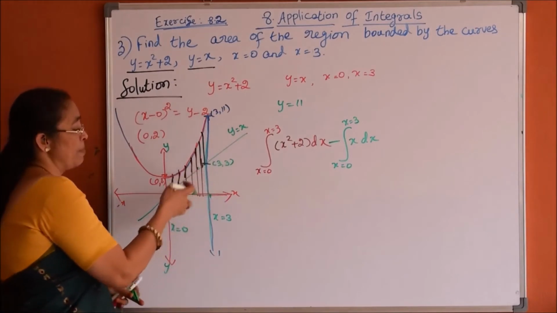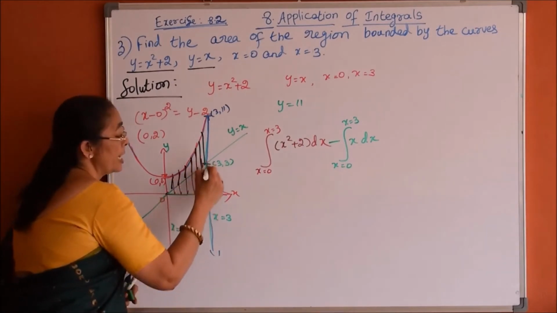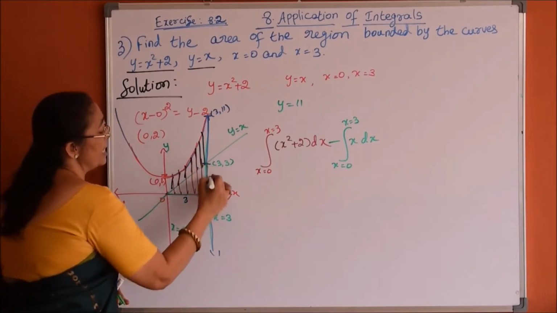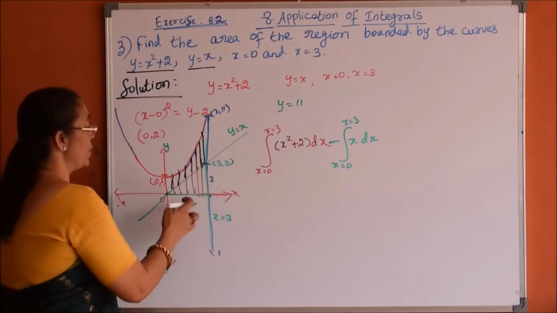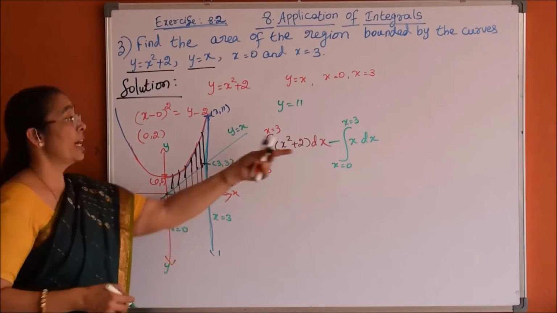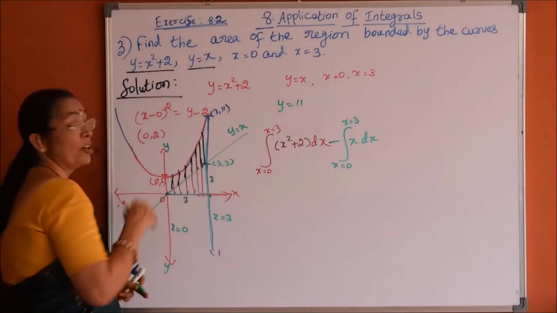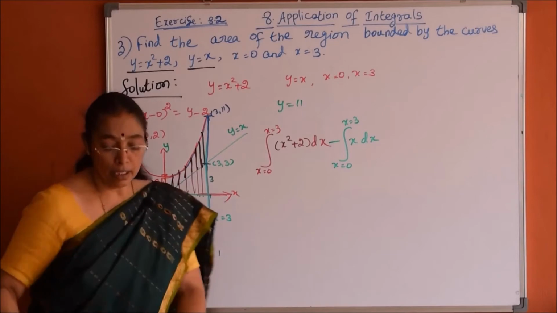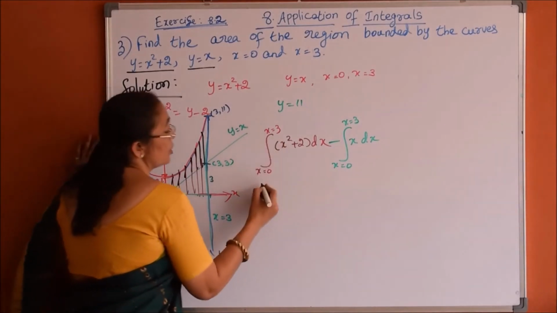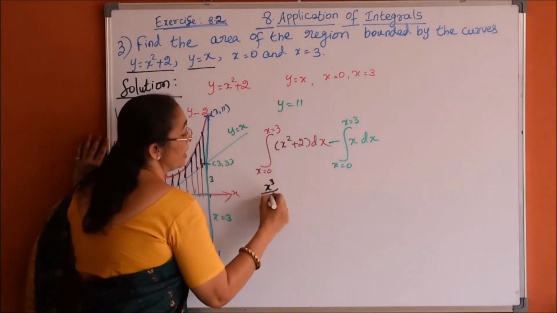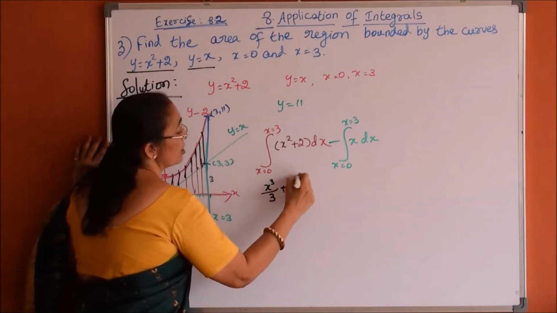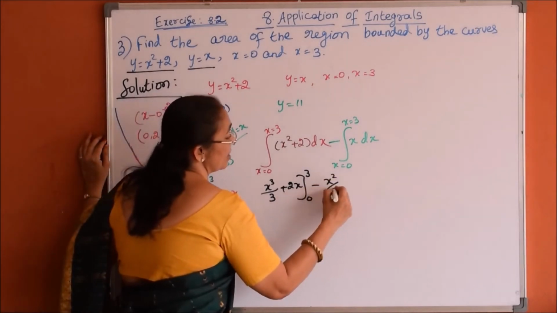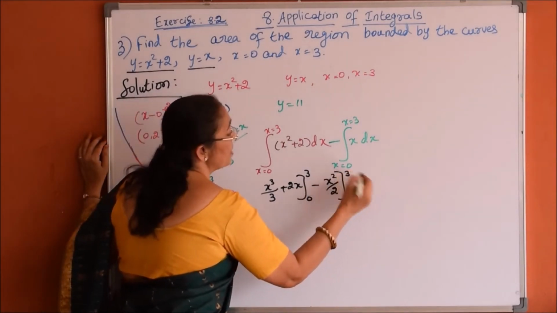For the second integration part, we can even follow the area of a right angle triangle. Base is 3, height is again 3. So half into base into height, which is 3 3s are 9, by 2. Or after evaluating the integral, we can verify also. Fine? Yes. Now let us evaluate the integrals and substitute the limits. So the integral of x square dx is x cube divided by 3 plus 2x, and the limits are from 0 to 3, and the second part, x dx is x square by 2, and the limits are from 0 to 3.